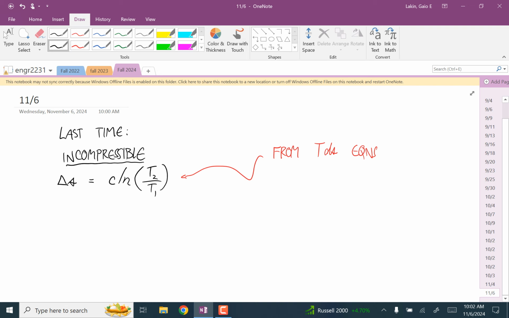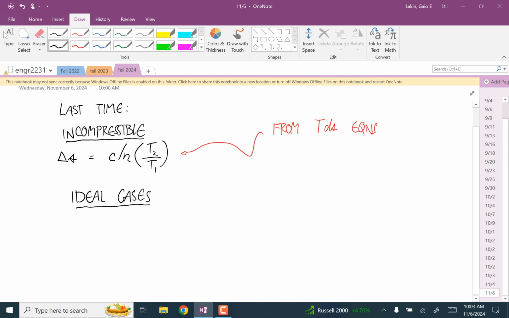And then for ideal gases, we got that. So there are three equations we have. The two where you don't need any kind of table information.